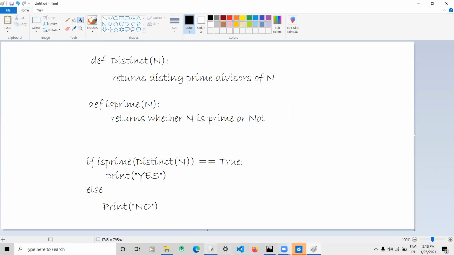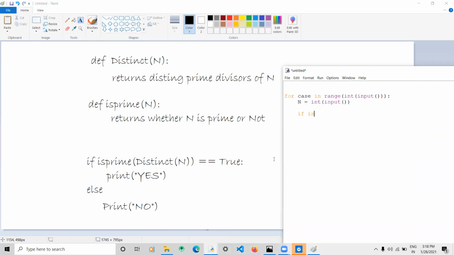So we will write that block: distinct prime factors, and then we print yes, and else we print no. So fair enough, all we have to do is implement those functions.